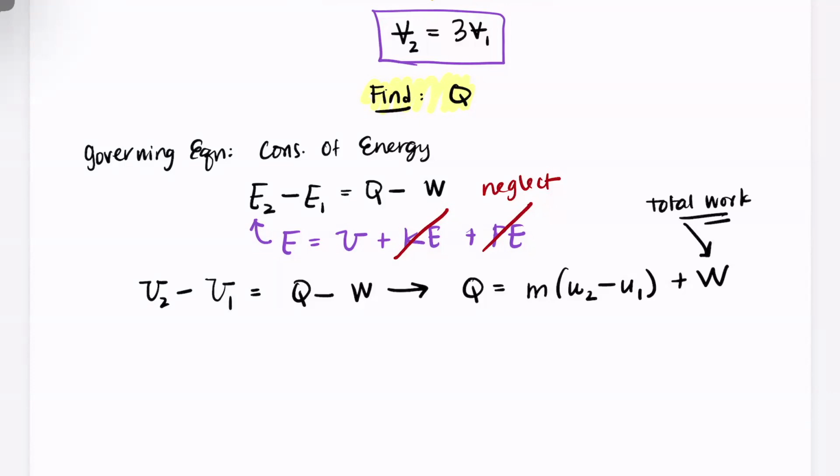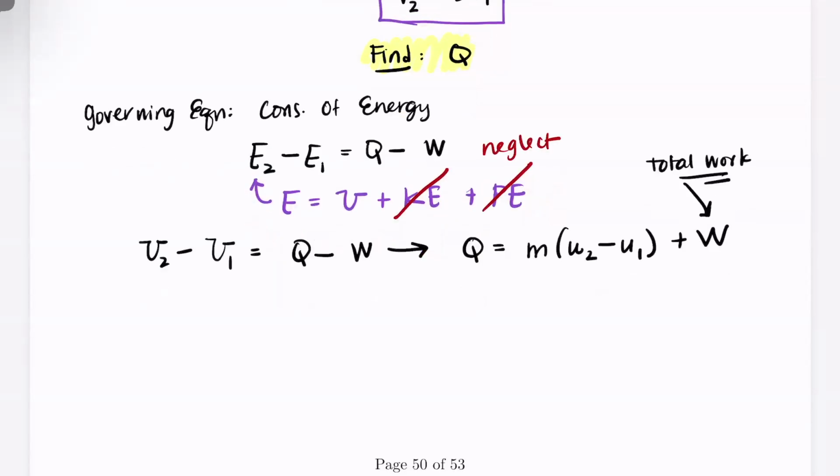We're given that we have shaft work input into the system, but we also have a volume that's expanding, so we have boundary work as well, right? So we want to recall that W is equal to work out minus work in.